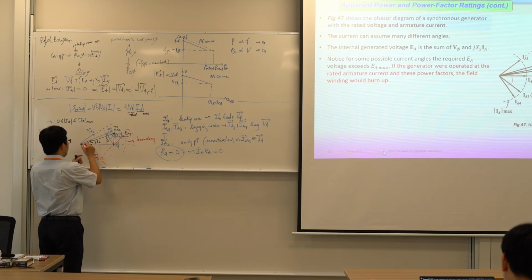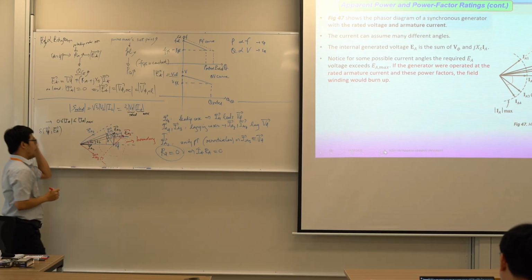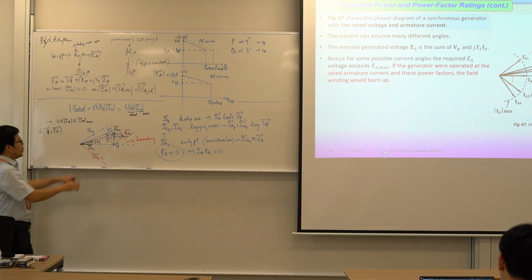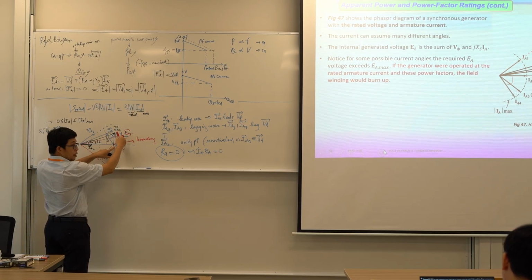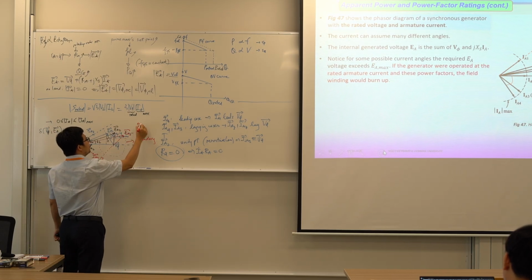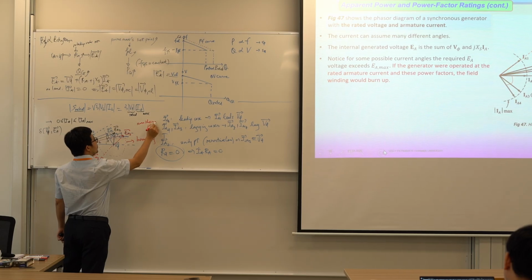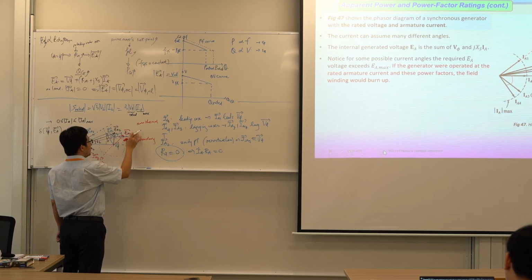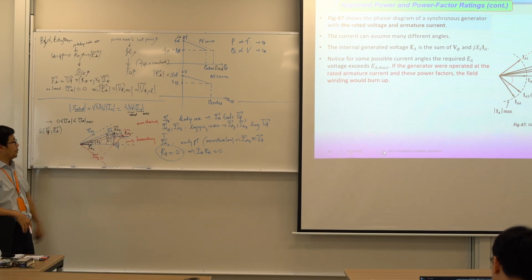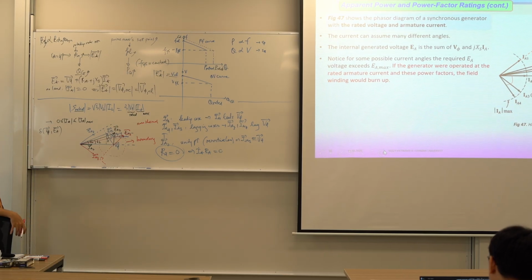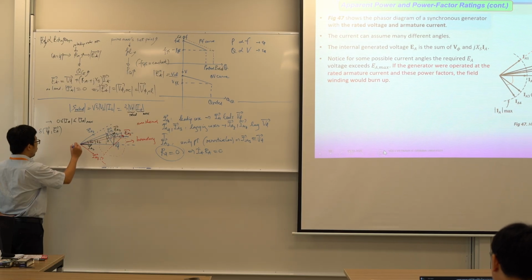So you get IA3 like this. If this segment goes out of the boundary, we have more thermal heating. If EA is out of the circle, because this is the limitation of IA max and XS. So this is like the origin.